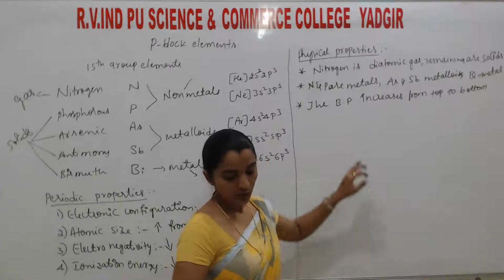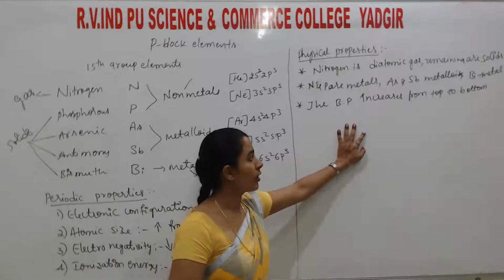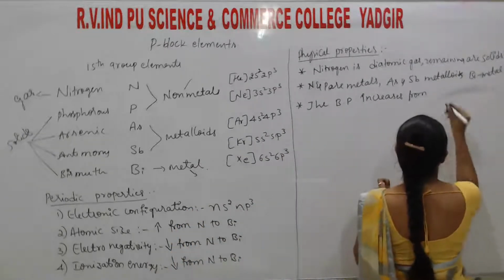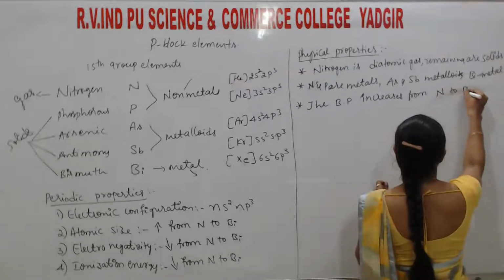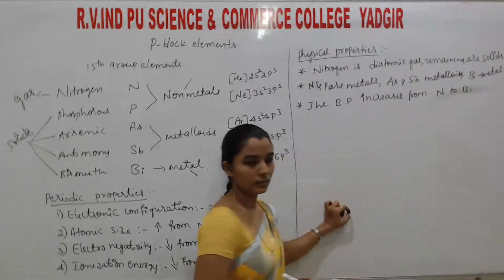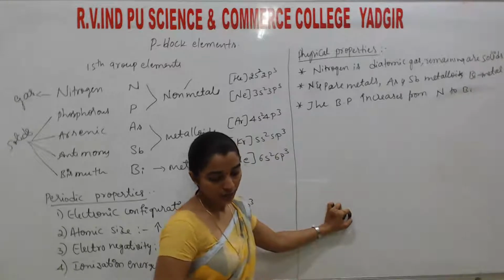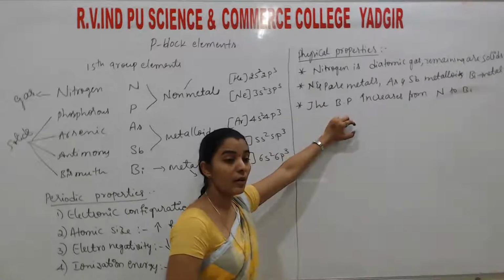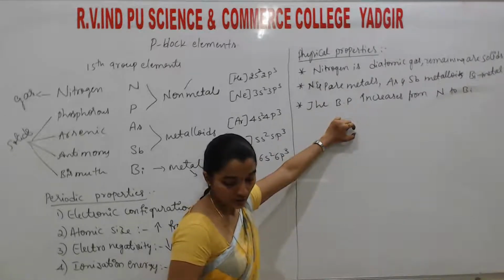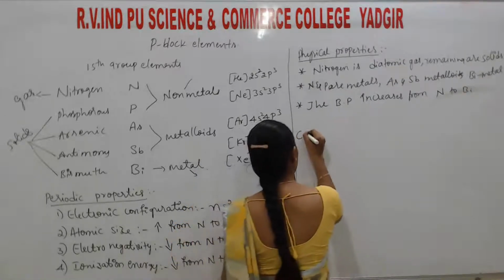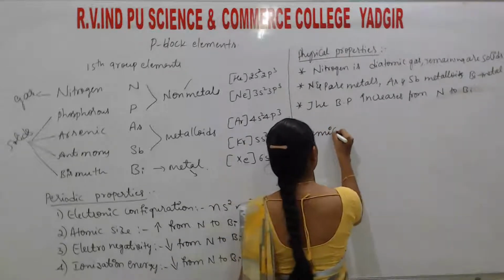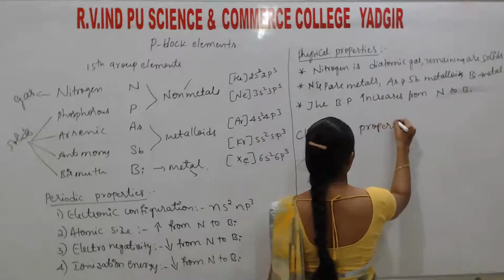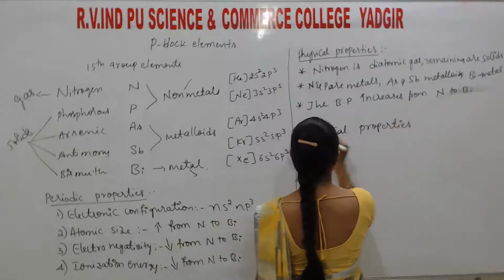Okay, so that's why the boiling point increases from nitrogen to bismuth. Okay, so these are all physical properties. Next one is chemical properties. These are general properties I am telling, not particularly chemical properties.